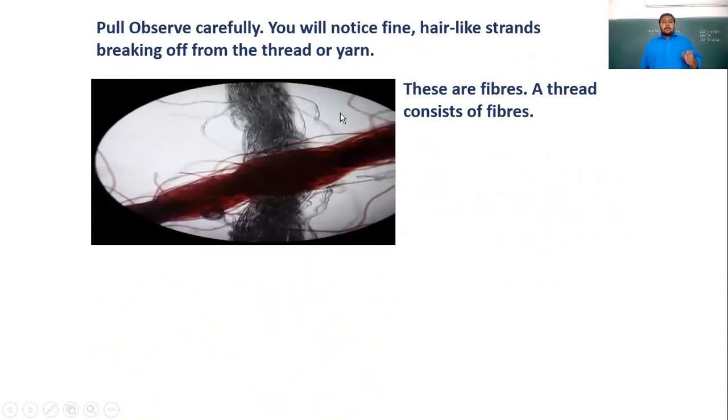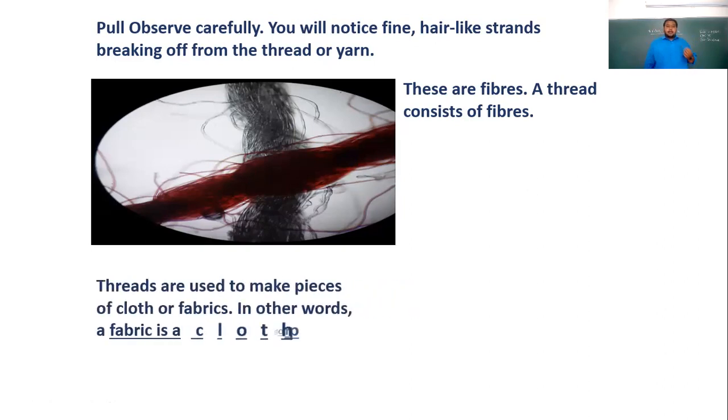If you look at that thread under microscopic observation, you can see this image. Those hair-like strands are nothing but fibers. These threads are used to make pieces of cloth, and that cloth is called a fabric.